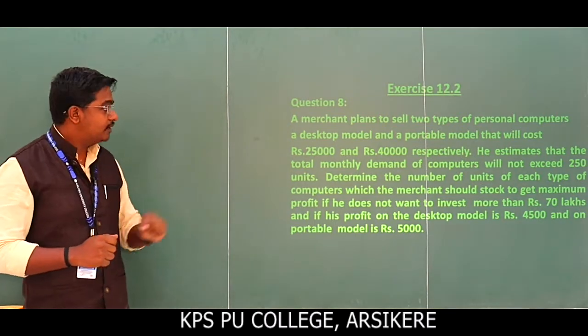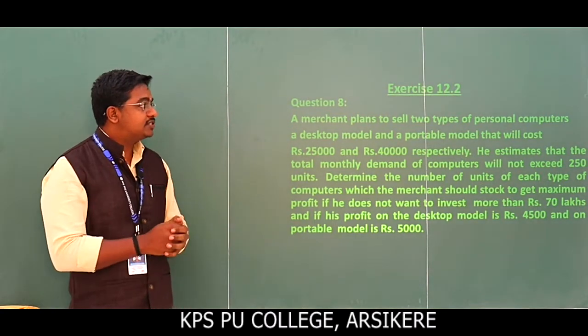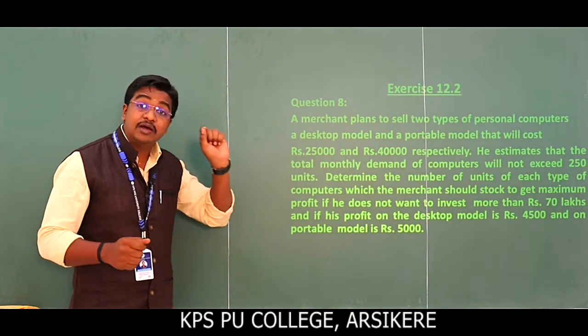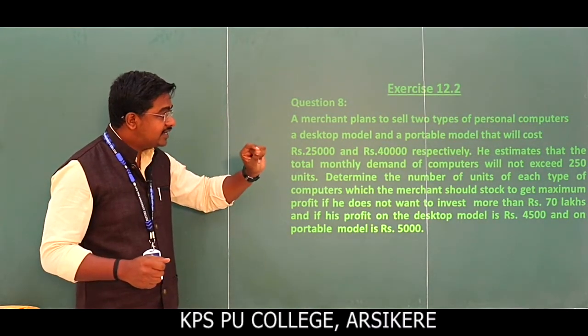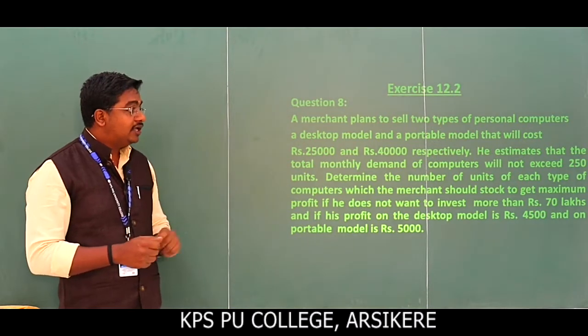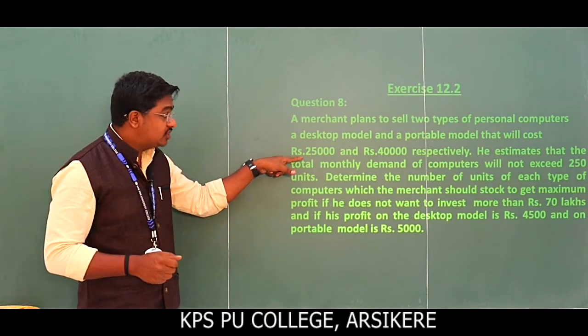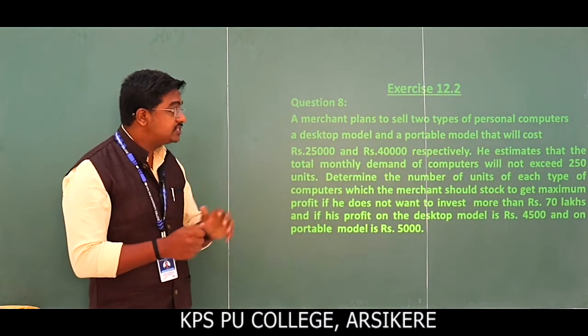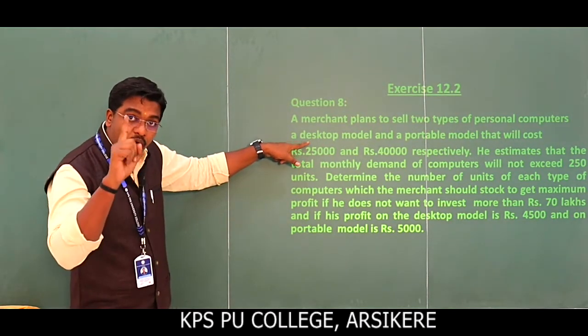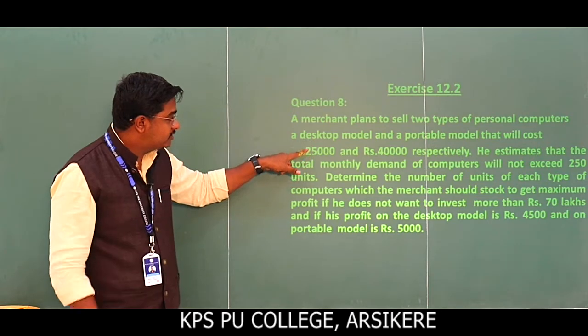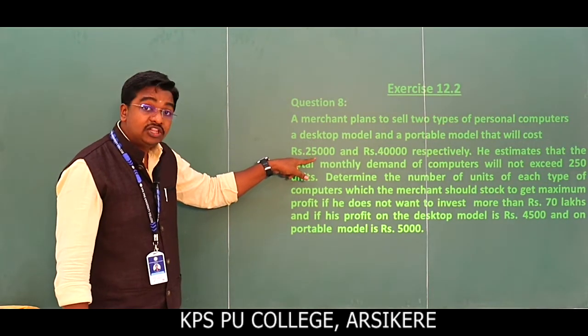The problem is: a merchant plans to sell two types of personal computers, a desktop model and a portable model, that will cost 25,000 rupees and 40,000 rupees respectively. So one desktop model computer costs 25,000.